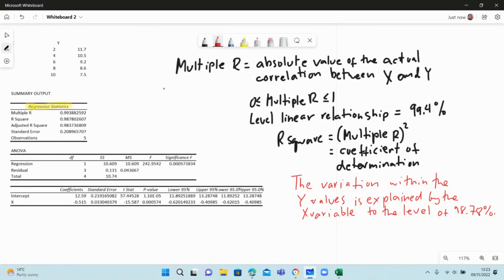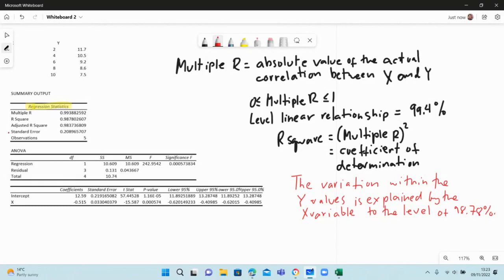So in this case, we will find out later, rather, that our independent variable x is a significant variable, and this is actually the reason why when the adjusted R square value was computed, it is not so far off from the actual R square value. So again, the adjusted R square serves the same purpose as the R square, but it takes into account the possibility of the presence of non-significant independent variables.